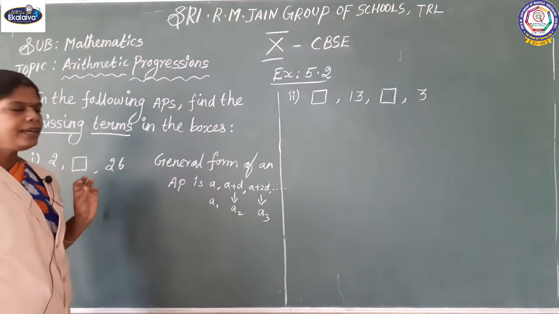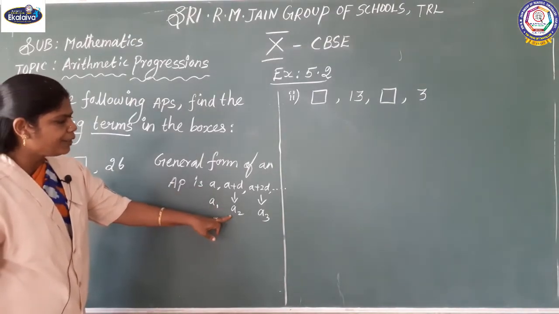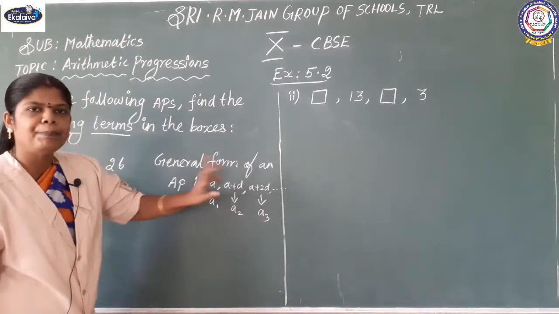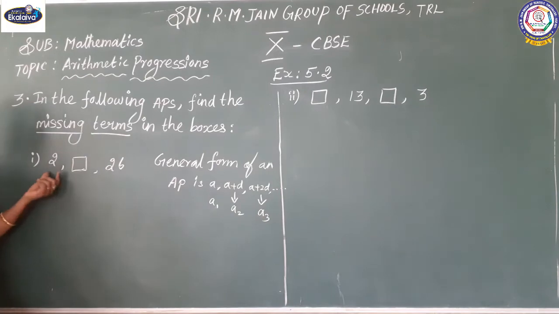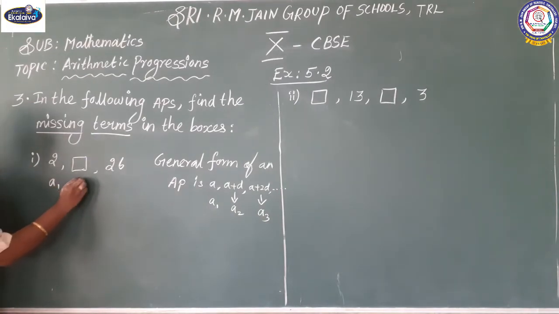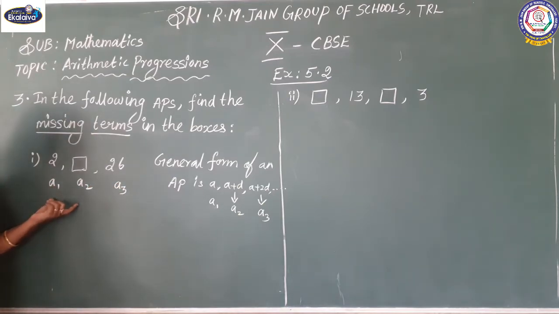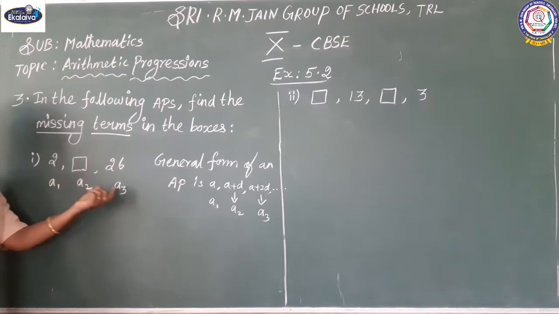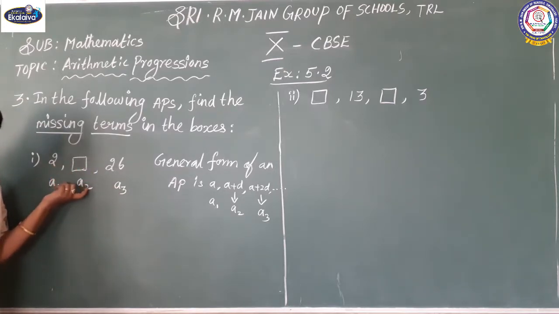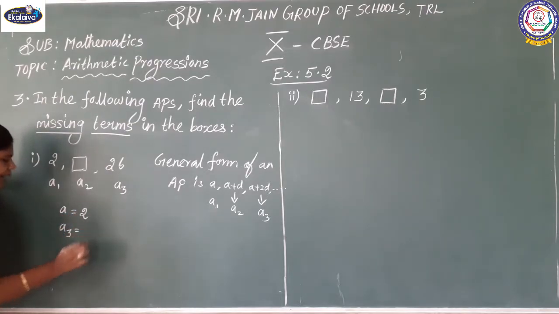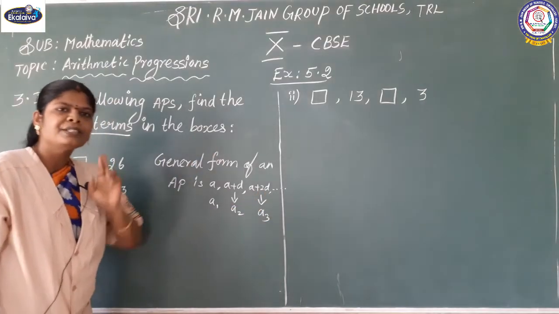So a1 is equal to a, the second term we can write a plus d, the third term we can write a plus 2d. See here, the first term is given, a2 we are going to find, this is a3. What values are given here? The first and third terms are given, we are going to find the second term. So a equal to 2. Next a3, how can you write this a3? a plus 2d.